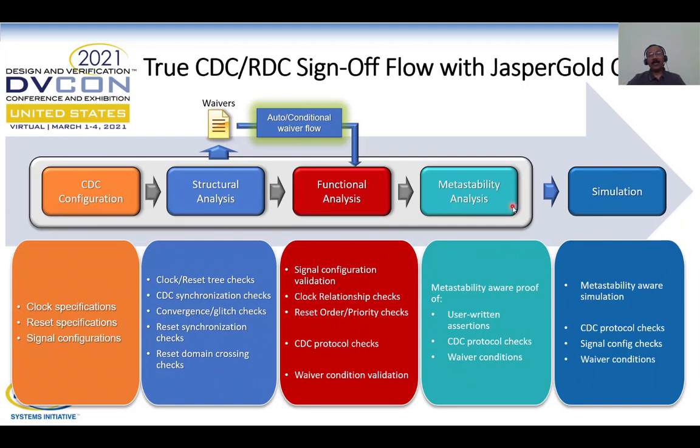In metastability analysis in formal, we can do metastability aware proof of user specified assertions as well as the CDC protocol checks and the waiver conditions. When it goes to simulation, we can do metastability aware simulation on user test cases, and at the same time you can also export the CDC protocol checks, the signal configuration checks, and the waiver conditions and run them in simulation.